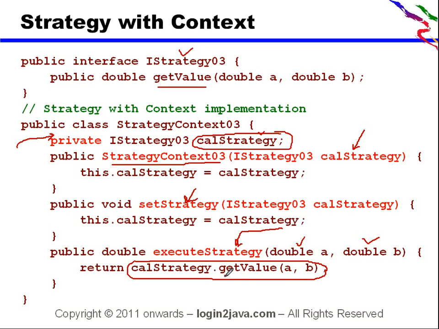This concrete operation will be applied on this strategy that will pass either through the constructor when this context is created, or through the setter method when we want to change the strategy for the same context. So this is another variation where we can have the same context data available to different strategies.